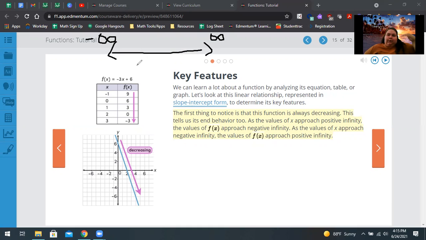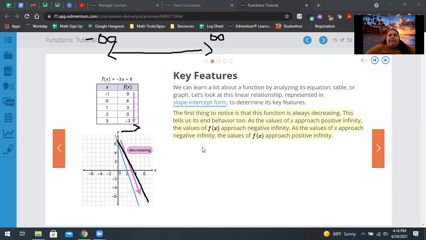You're moving in a horizontal motion, but you're also following it in a vertical motion, whether you go up or down. So as x goes to infinity, meaning once you go in this direction, what's happening to your graph? You're going down. So as x goes to infinity, f(x) goes to negative infinity.